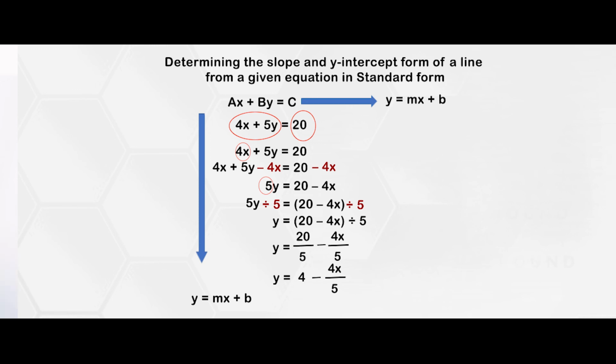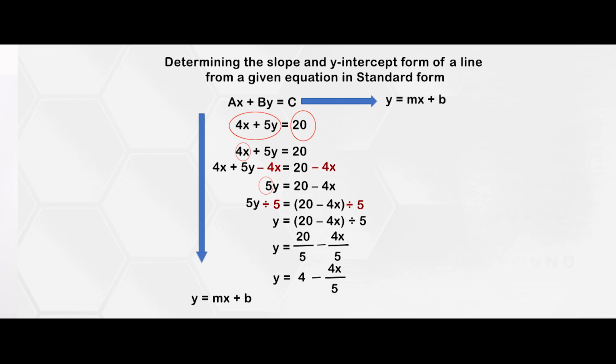Do you think we are there yet? Do you think it's exactly looking the same? Let us check. On the left hand side we have y. Okay, we have y on our equation. However, the first term in the slope and y-intercept form is the x term, which is not there first in our case. So we just have to rearrange the terms.